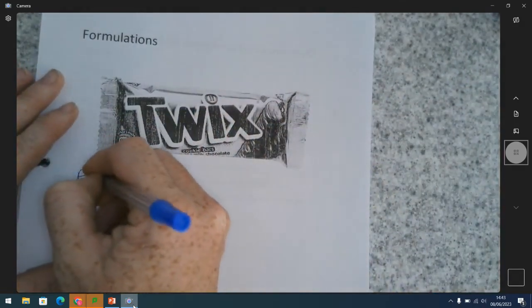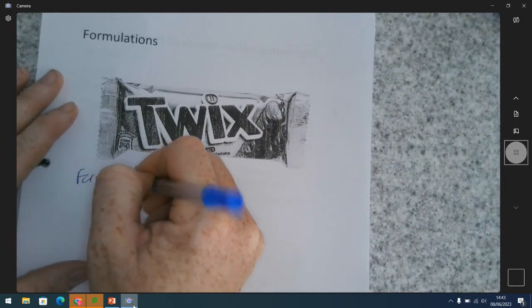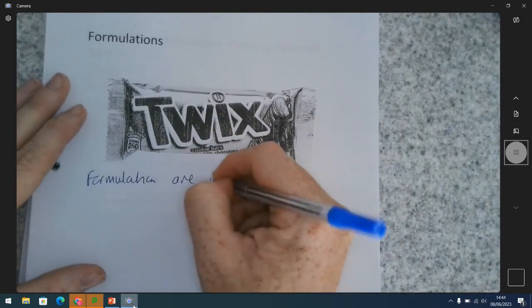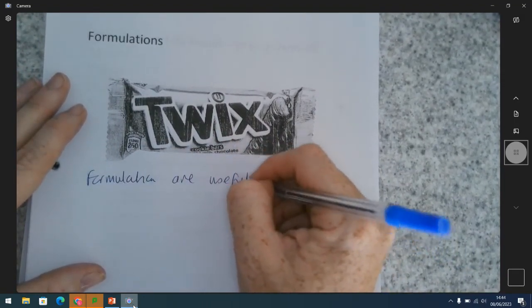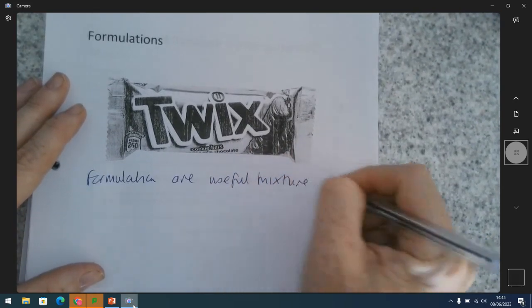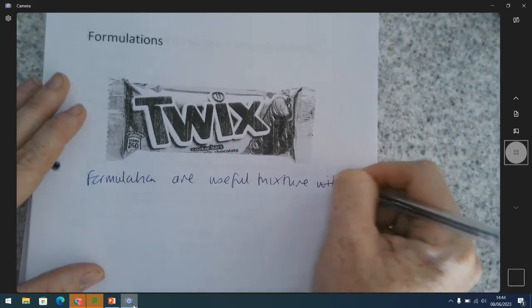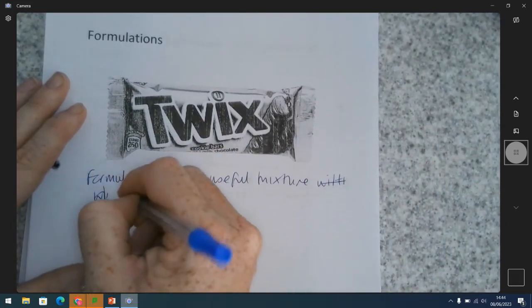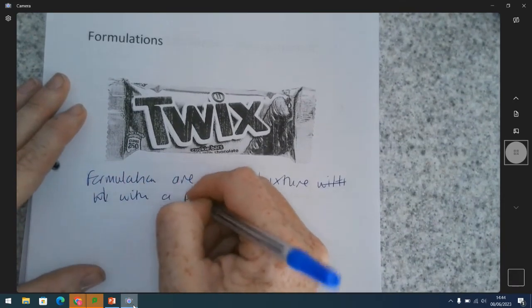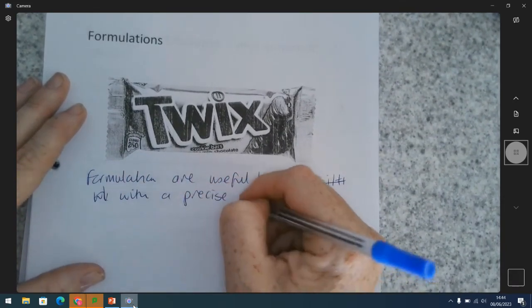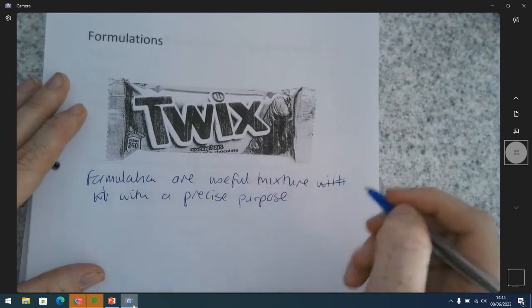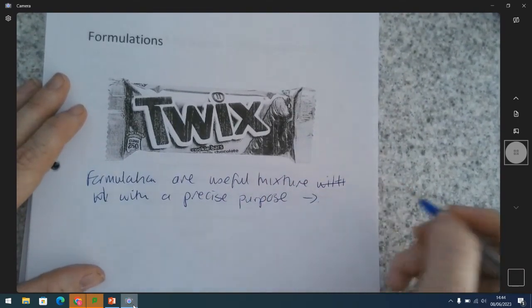It will taste the same because these are all examples of formulations. So formulations are useful mixtures with a precise purpose. That's the textbook definition of it. And they're made by using a formula.